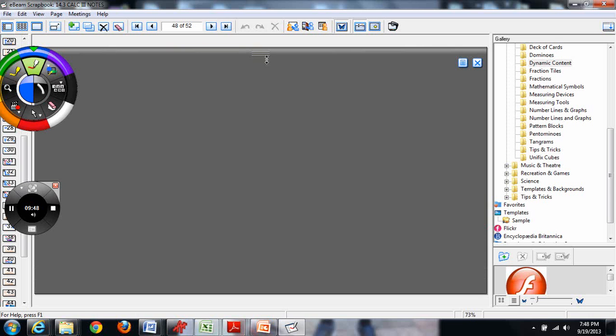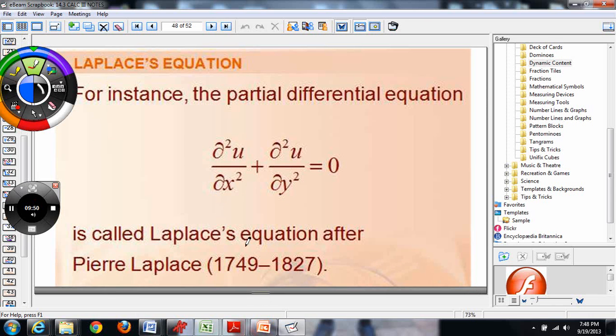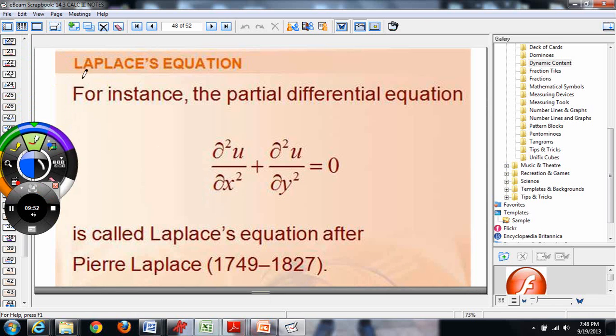All right, the only other thing is this guy. He has a particular equation, and he says that when you find the second partial derivative of both the x's, and then the partial derivative of both the y's, when you add them together, they equal 0.